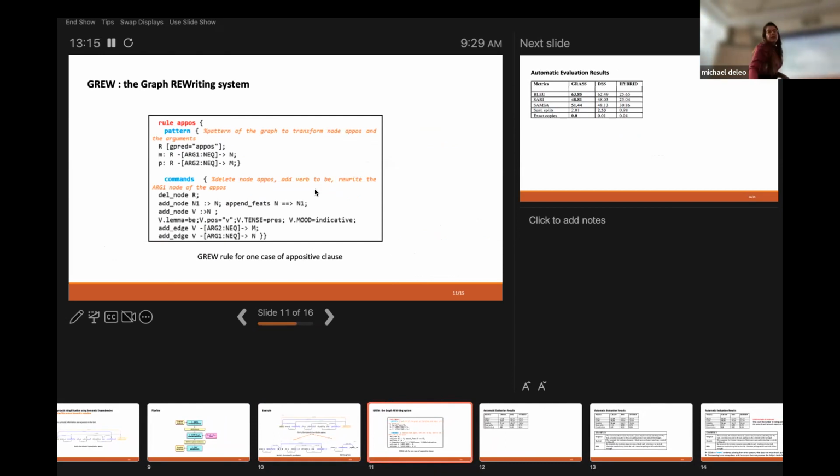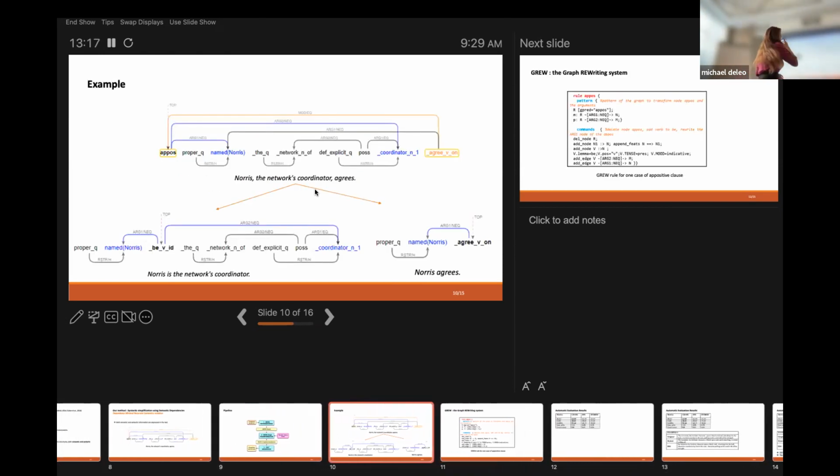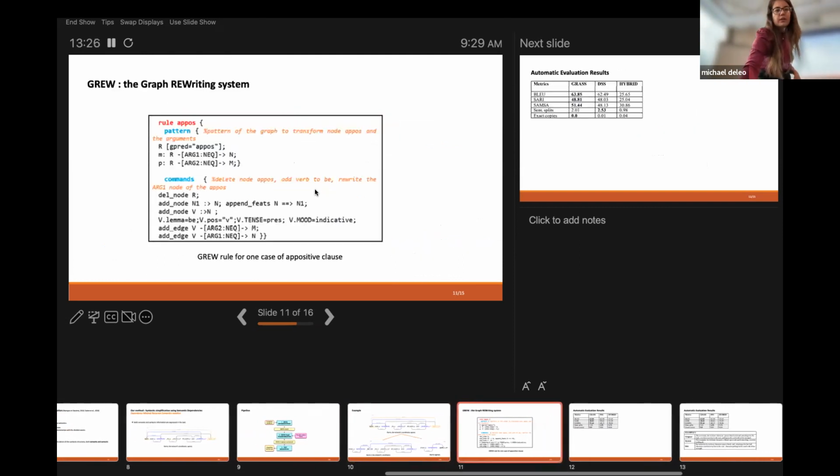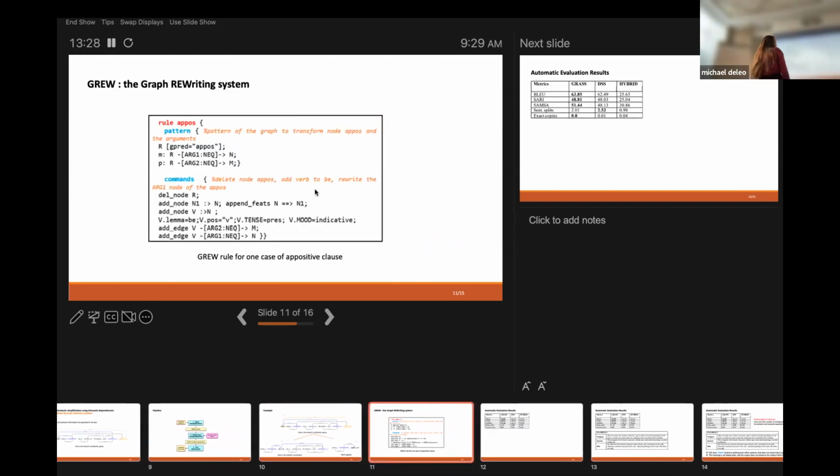So this is the graph transformation rule. Here in this step, to pass from this to this, we have to apply some graph transformation rules. To do this, we use a graph transformation system called GREW, a graph rewriting system. We apply some rules on the graph in order to obtain 2 or more subgraphs.